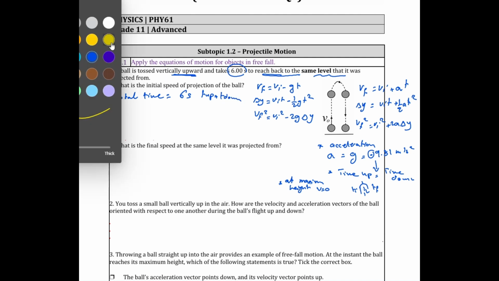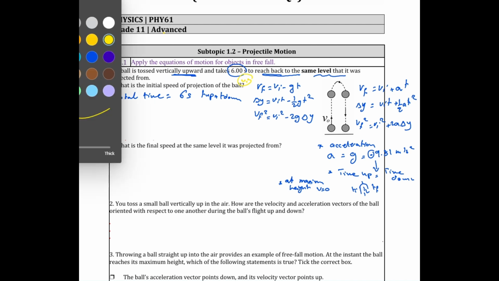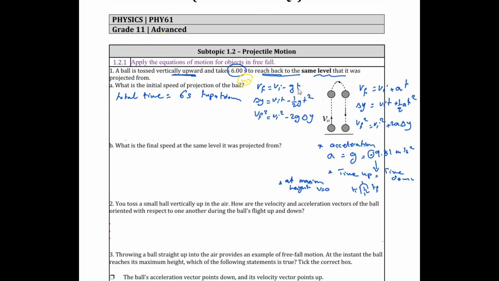In order to tackle this question, what is the initial speed, we need V initial. In this part, we need to look for time to use it in the equation. Time up should equal 6 over 2, which is 3 seconds, because it's halfway up.